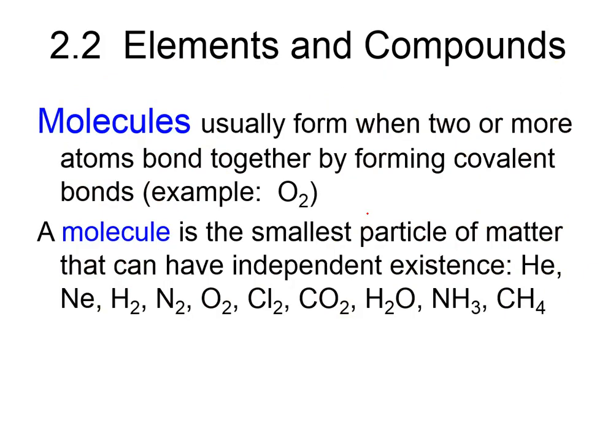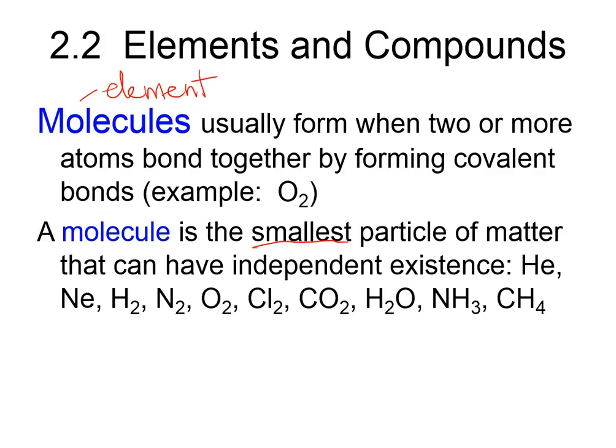So here, the molecule here is like an element. So the definition of a molecule is the smallest particle of matter that can have independent existence. So keep that definition. Definitely you'll be asked about that definition on your exam.